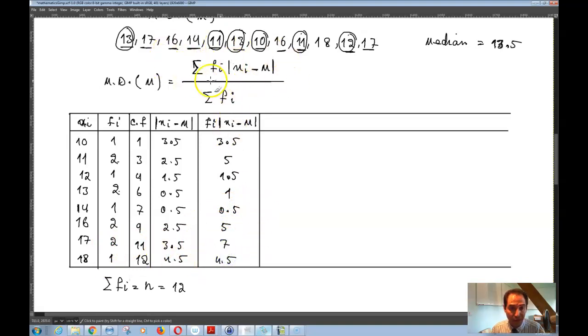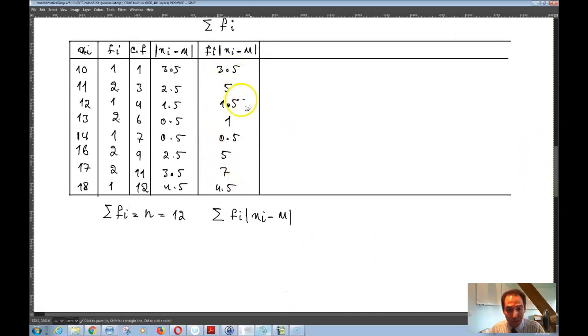Now the sigma f of i times the absolute value of x of i minus m is the sum of all of these numbers, which is basically 8.5, 9.5, 10, 11, 11.5, 16.5, 17, 21, and 28, I suppose, if I'm not mistaken. Let me check.